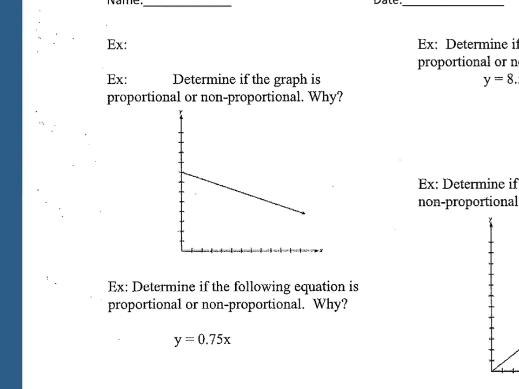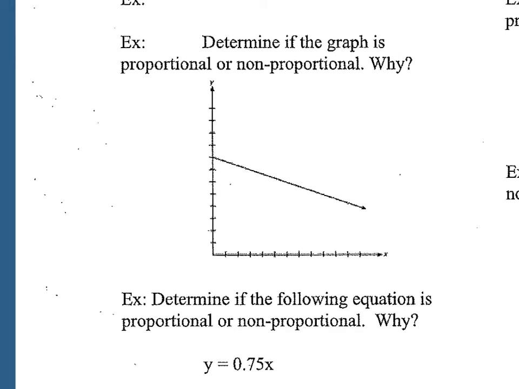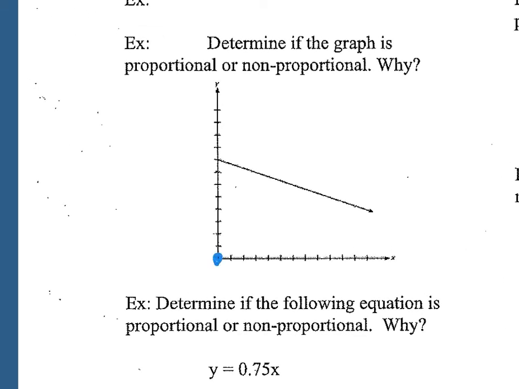Okay, so the first example: determine if the graph is proportional or non-proportional. What do we think? If the origin is here, does it start at the origin or go through the origin? No. So then it has to be non-proportional.